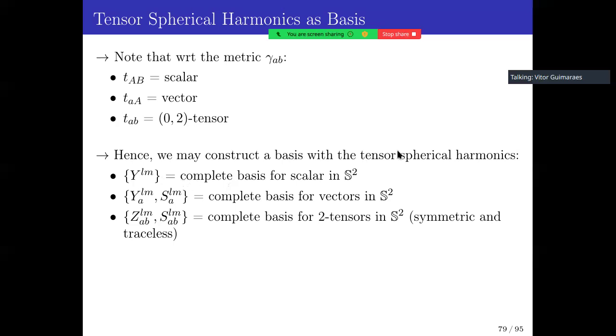Okay. So one can prove that the set of all the scalar spherical harmonics composes a complete basis for scalars in the two-sphere.